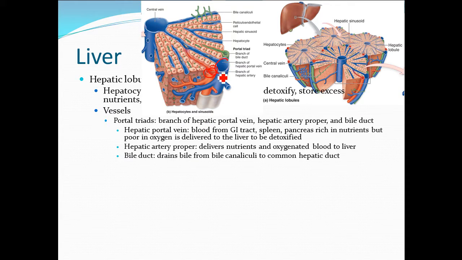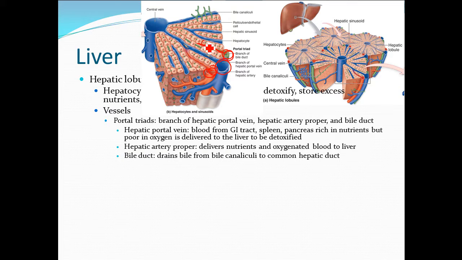We have the hepatic portal venule here, and also something called a bile duct here. The bile ducts are the drainage area for the bile canaliculi. Okay, these are the bile canaliculi.